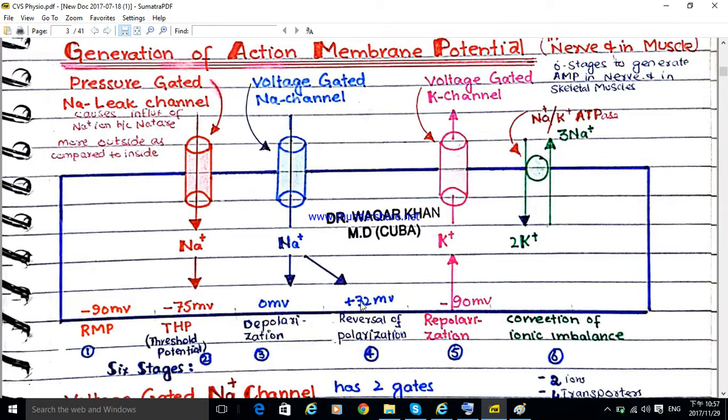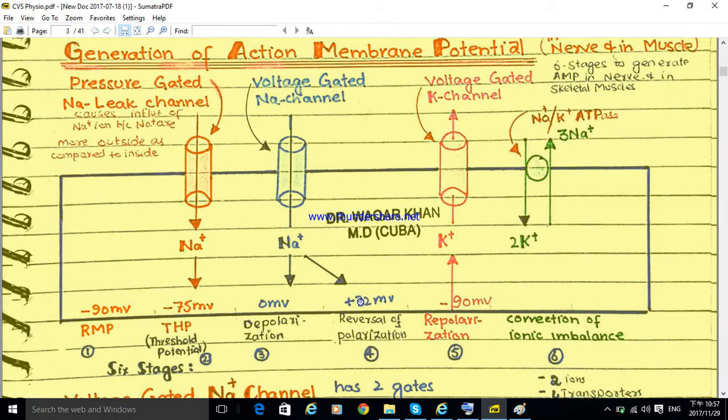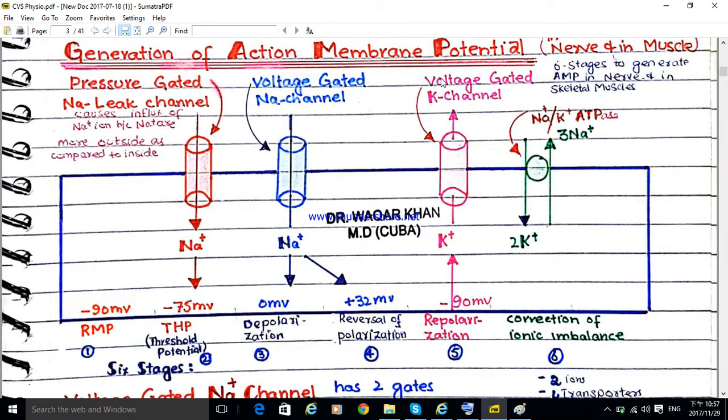At plus 32 mV, the voltage gated potassium channel will automatically open up, and there will be efflux of potassium. As potassium is positively charged, positive charge will move outside the cell.